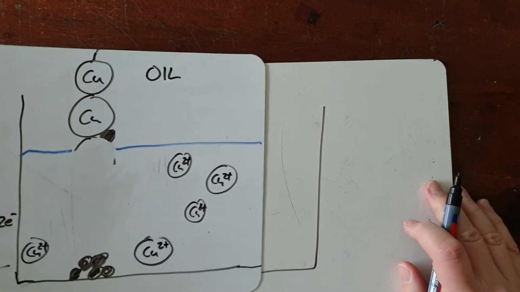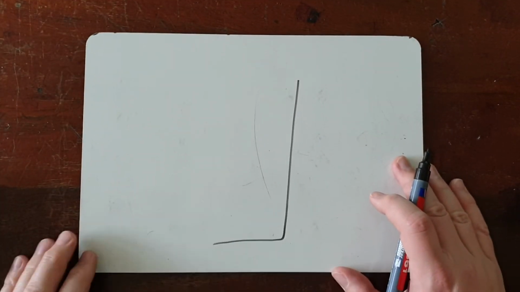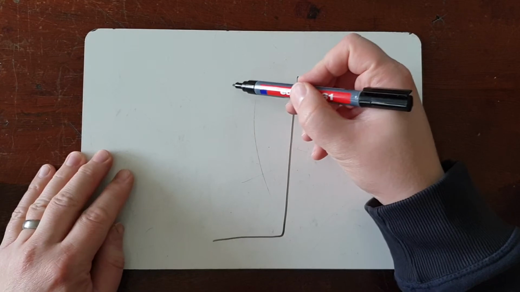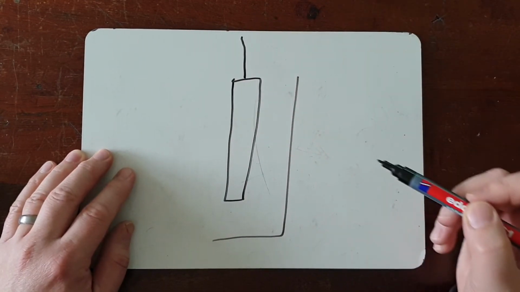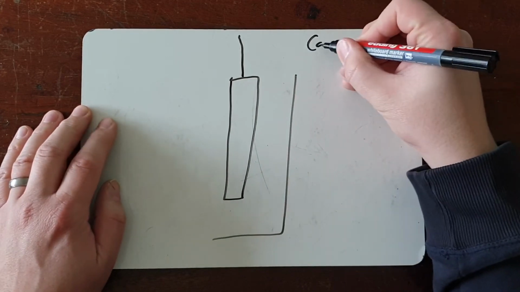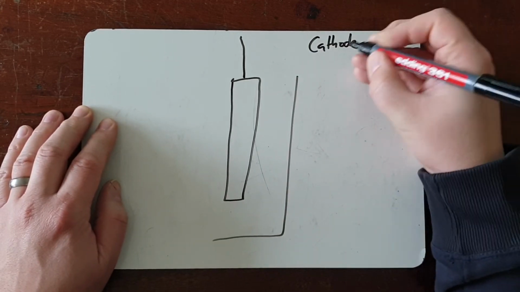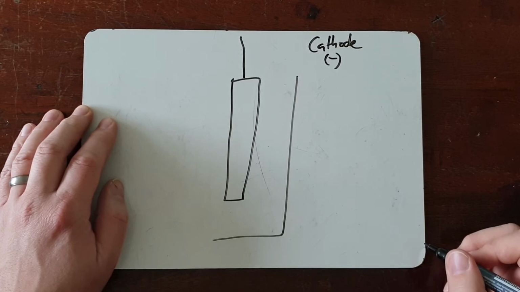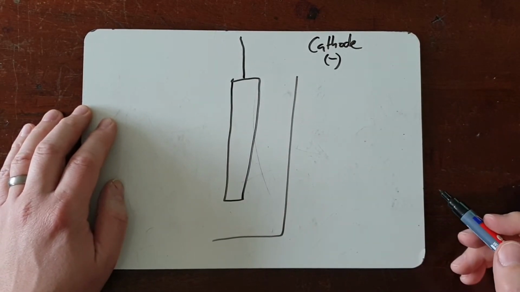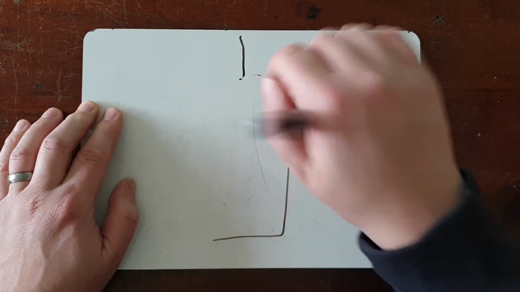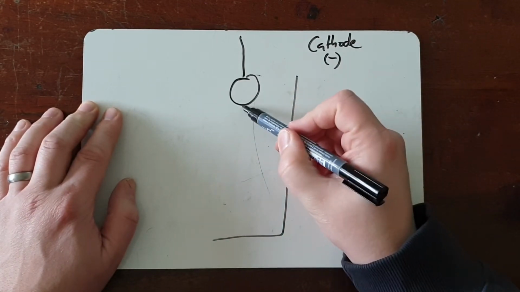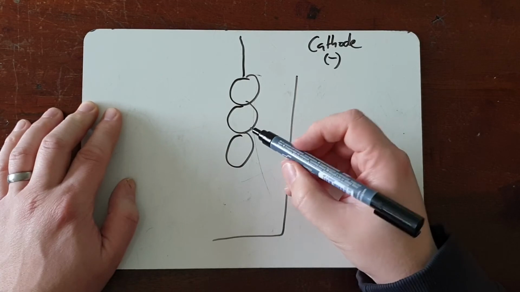Okay. Meanwhile, over at the cathode, so I'm just going to focus in on the cathode for a second. So the cathode is the negative electrode. This one's also made of copper. So again, I'm going to zoom in and pretend that we're just talking about a nice small electrode here.